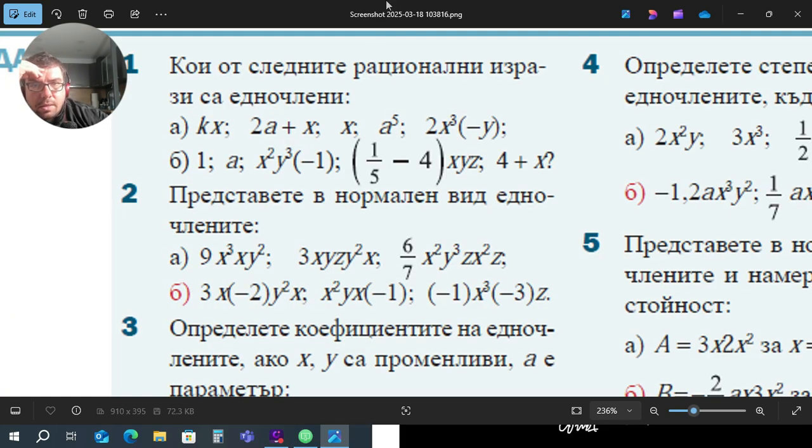In this exercise, for each of these expressions, we want to answer: is it a monomial or not? In other words, do we have only multiplication of constants and variables or not? All right, so let's see. The first one, kx, is kx a monomial?